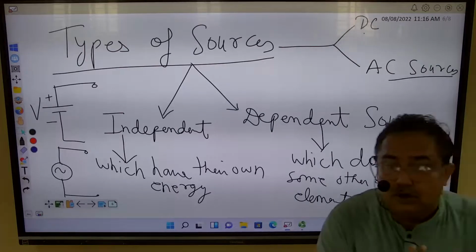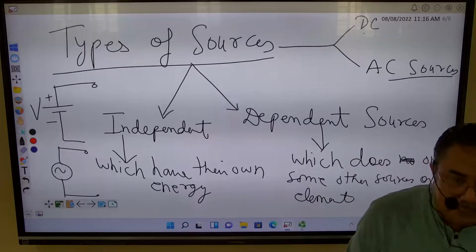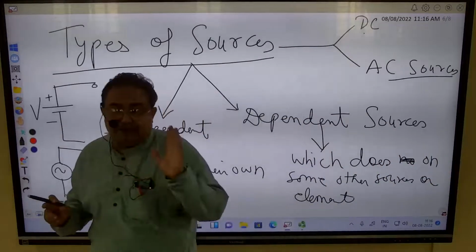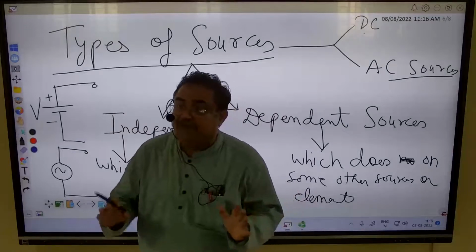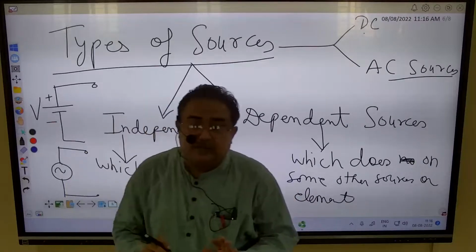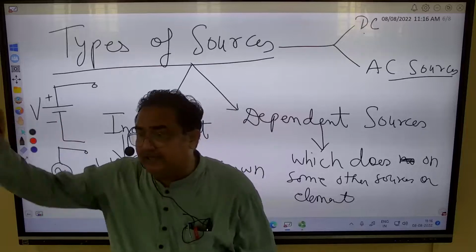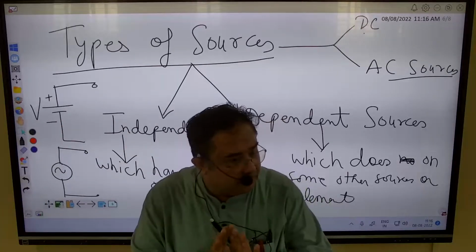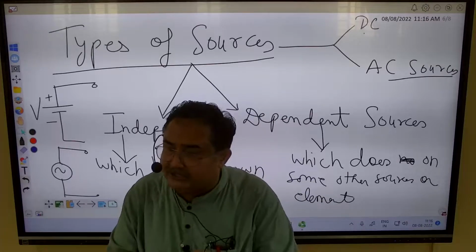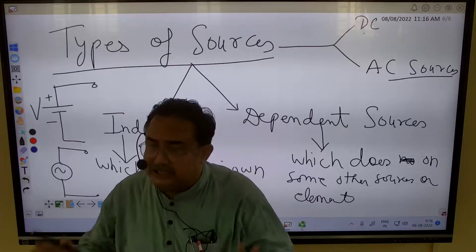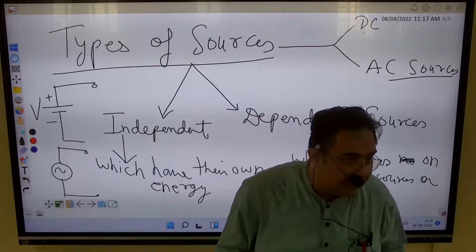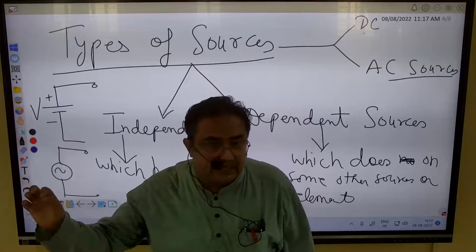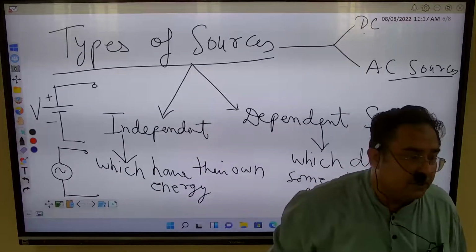So we do not mark any sign, but mind it, for our analysis purpose, mathematical analysis purpose, we have to give one sign to any one terminal. In general, AC सोर्स में पोलरिटी साइन नहीं लगाते हैं, लेकिन जब हम न्यूमेरिकल करते हैं, when we solve the numericals, then we have to assign one terminal as a phase, therefore automatically the other becomes neutral.